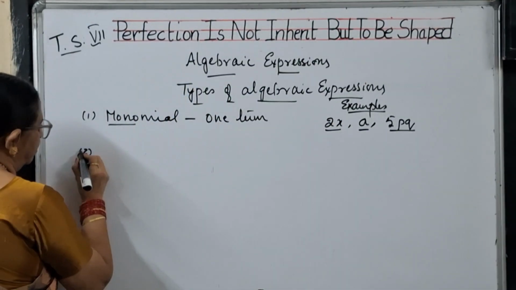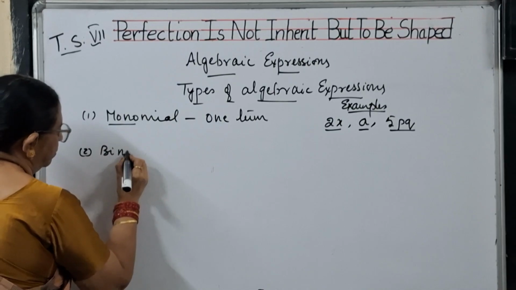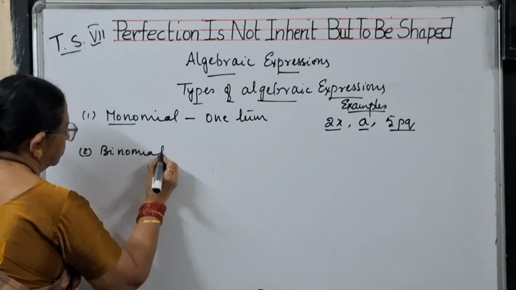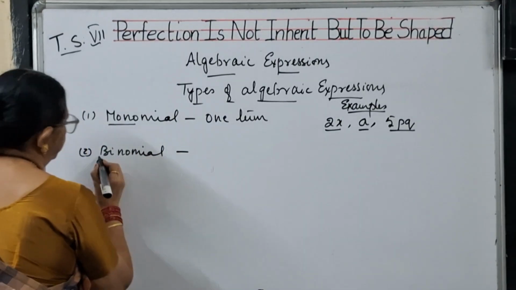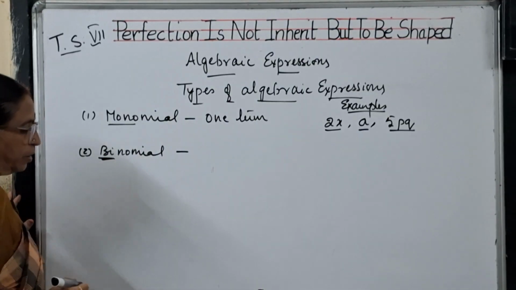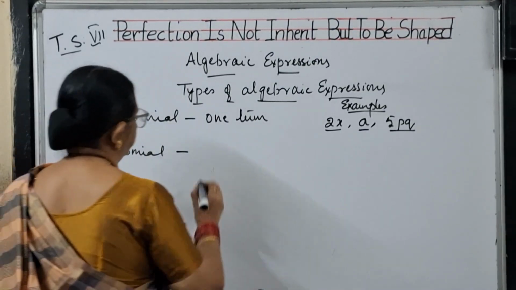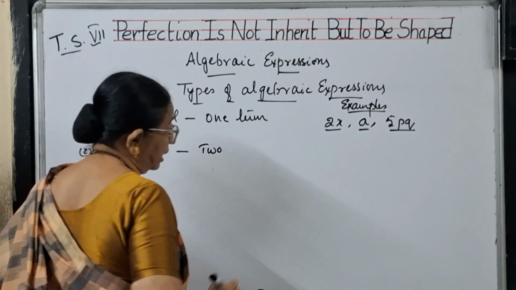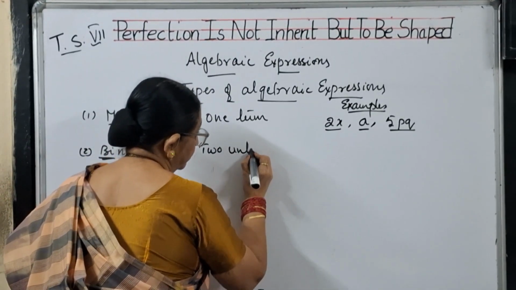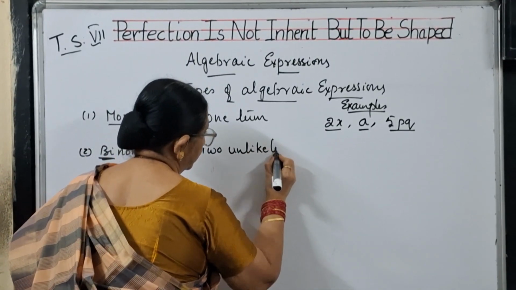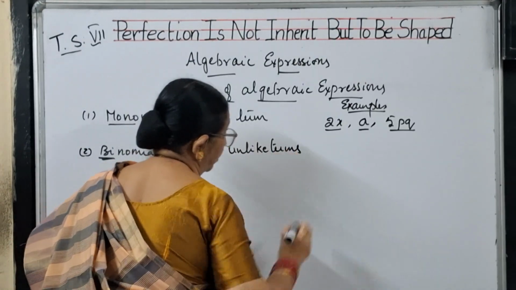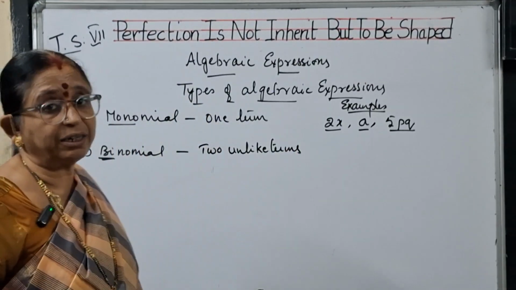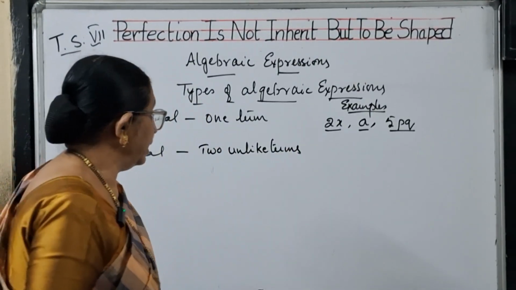And the second one is binomial. As the name indicates, bi means two. Binomial means it has got two unlike terms. I have told you what are like terms and what are unlike terms.